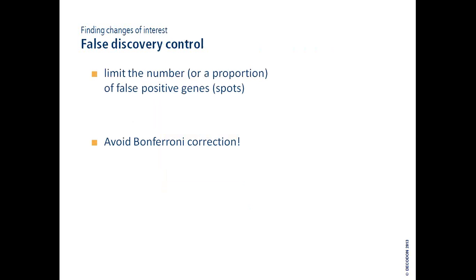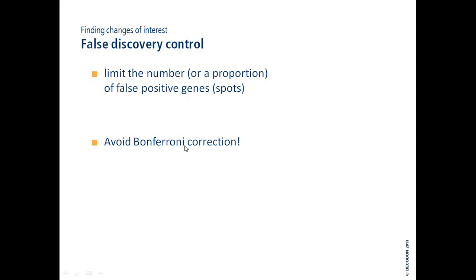Finding changes of interest, false discovery control, this is how we deal with multiple testing. We want to limit the number or proportion of false positives. That means among our findings, we don't want to have more than 5% or maybe 10%, whatever, false positives, so that the risk of picking wrong spots and identifying them is limited.